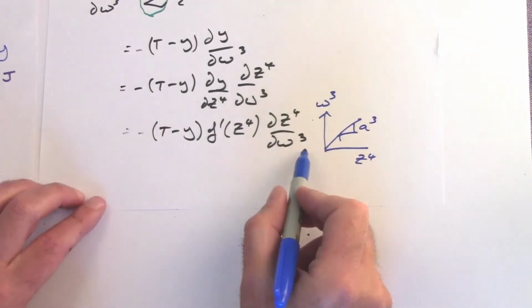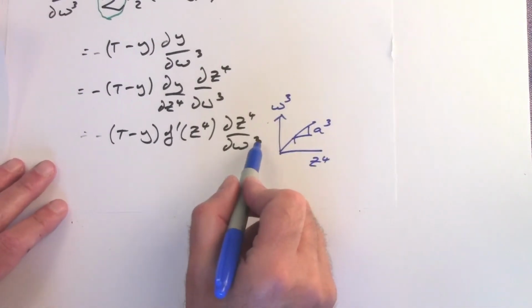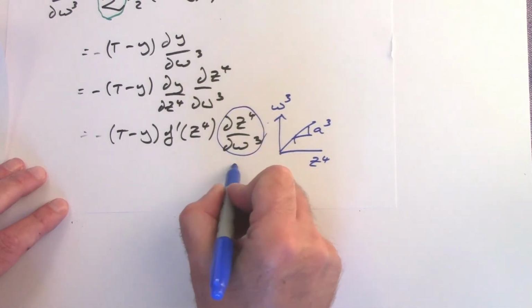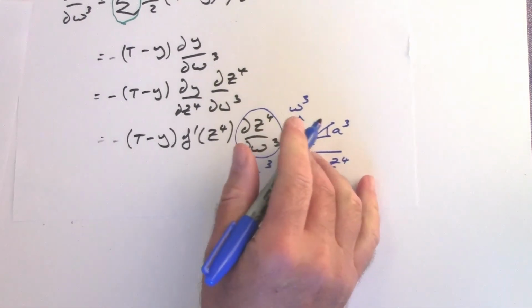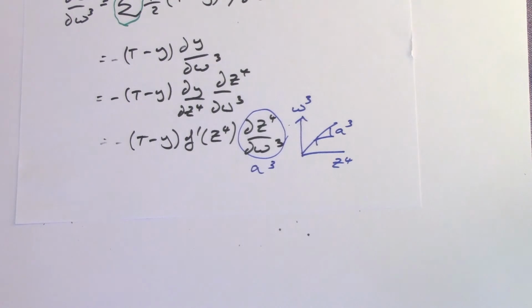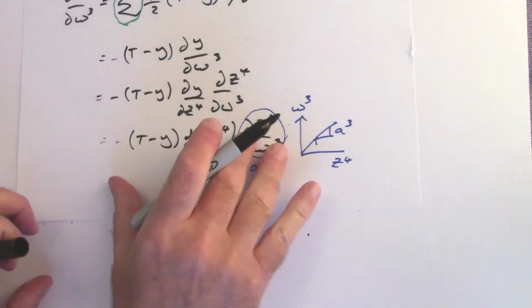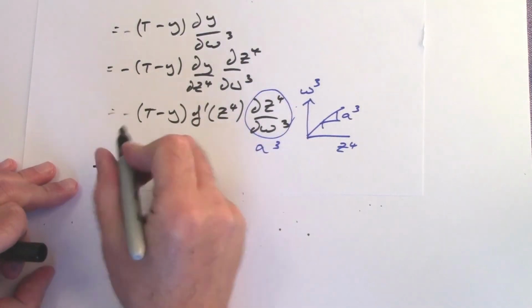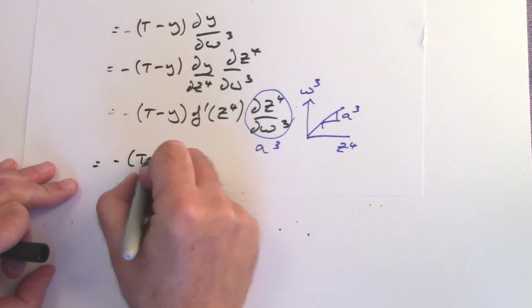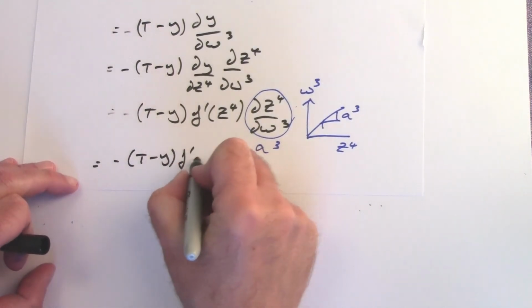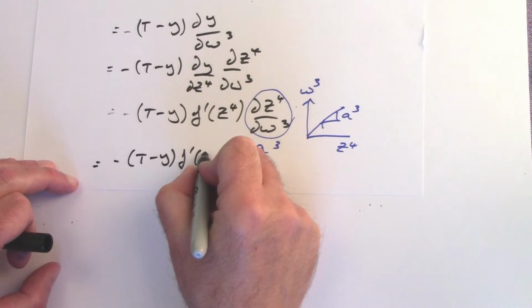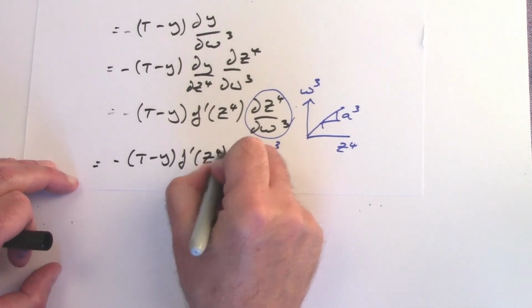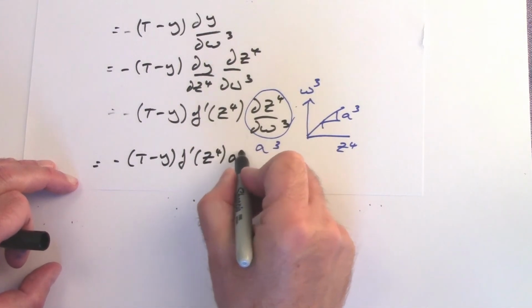So we can replace this here by A3. So we end up with an equation: minus (t minus y), the differential of our activation function, times A3.